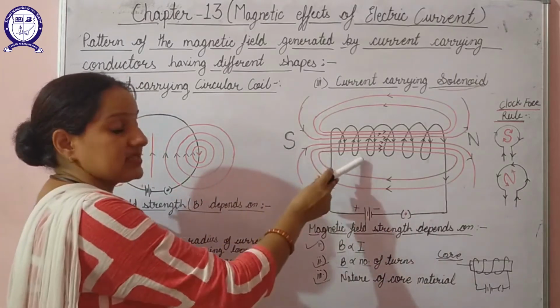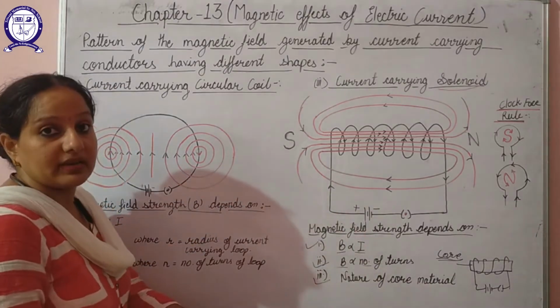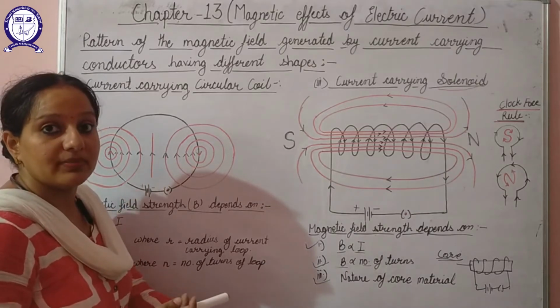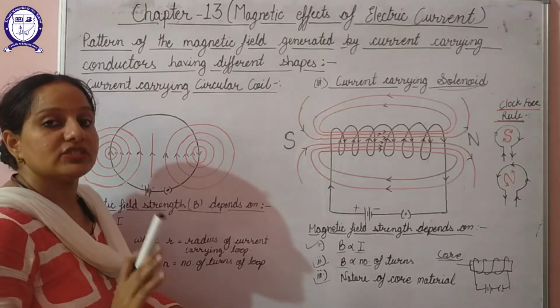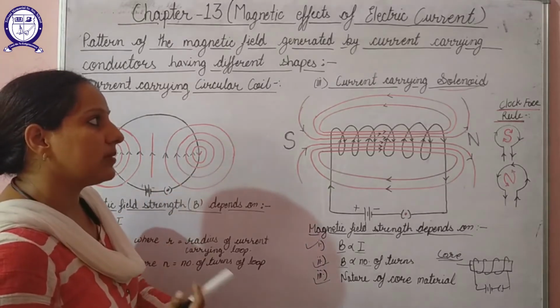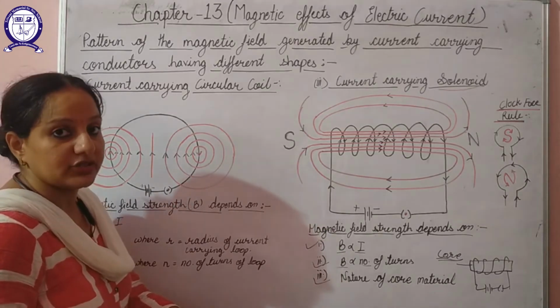The example is this. Second one is, if we talk about the permanent magnets or the natural magnets, a bar magnet is an example of a permanent magnet. So we cannot change the magnetic field strength of a bar magnet. So these were the few points about the permanent magnet and the temporary magnet, which is your electromagnet.